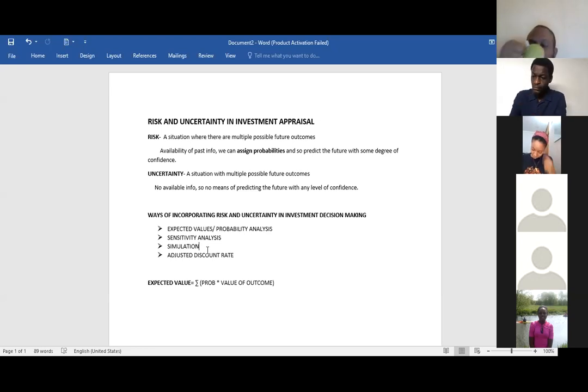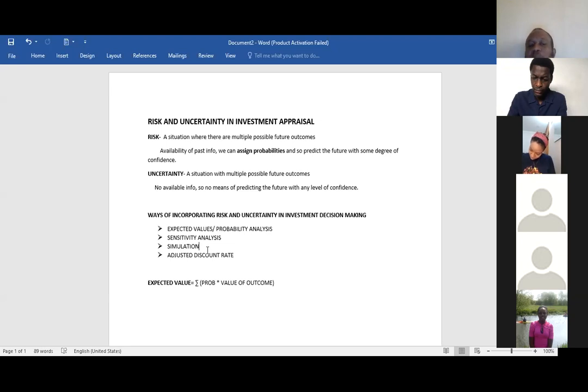Sorry, if it is not actually a means of incorporating risk, then why do they include it as part of the ways of incorporating risk? If you remember the last thing I said, in practice, risk and uncertainty are used interchangeably.